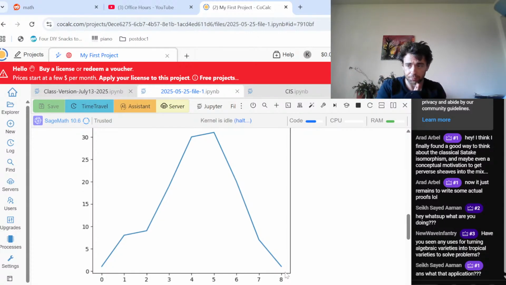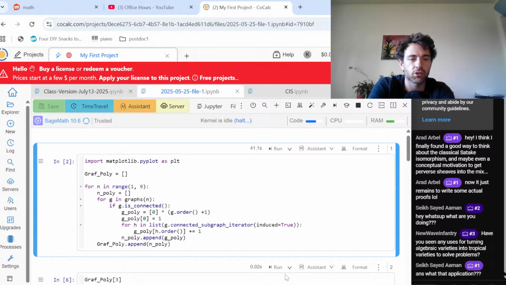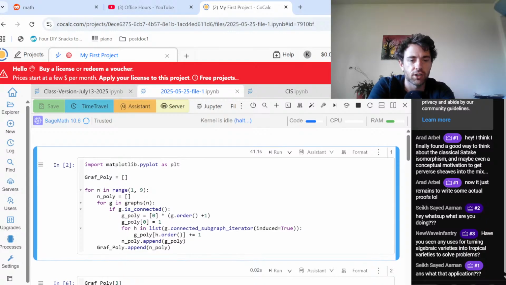I'm thinking about writing down some random graphs. The problem is the iterator: for G in graphs N grabs graphs of order N. If I do this with 10, I think it tries to initialize all graphs of order 10, which is a problem. I would want to just grab random graphs of order 20 and see what pops out.